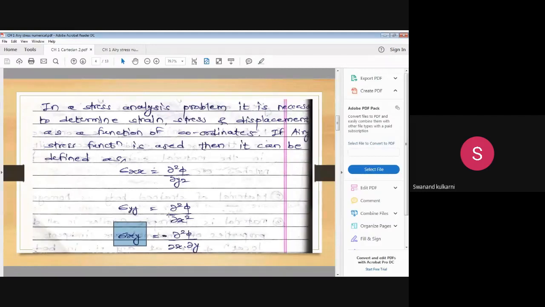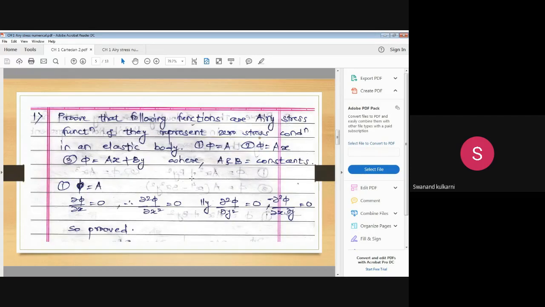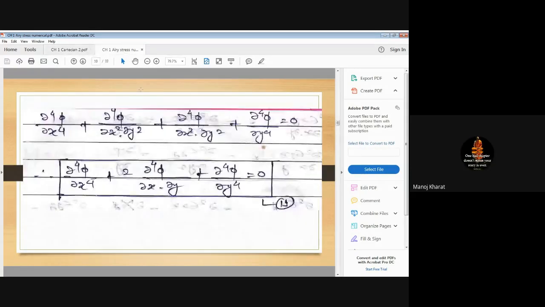Anybody other? No, sir. Okay, very good. Bhushan, Manoj, any doubt? No doubt, sir. Okay. Very good. So with this, the concept of Airy stress function you have understood now.